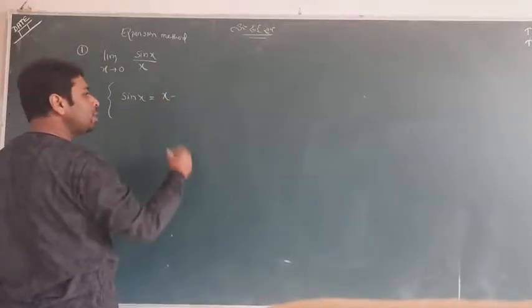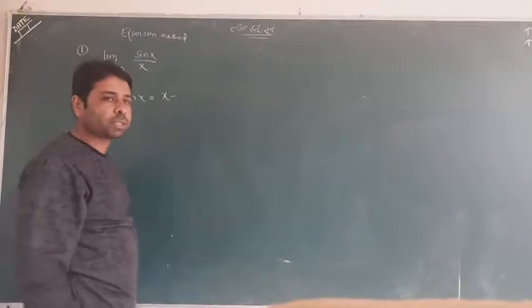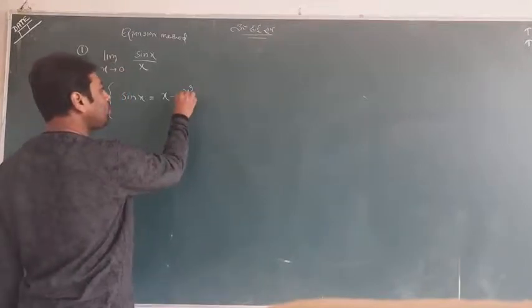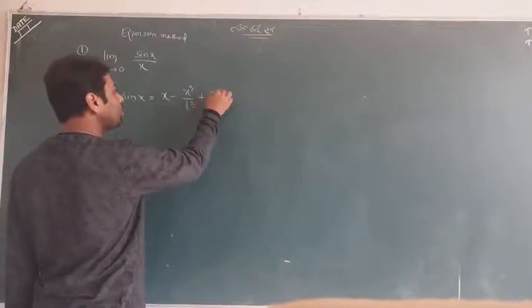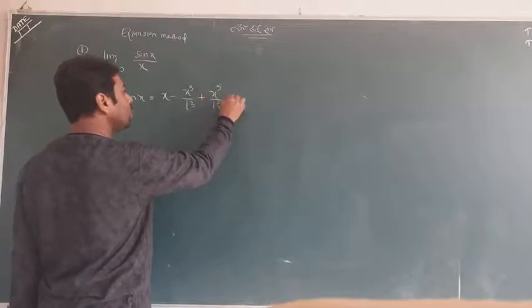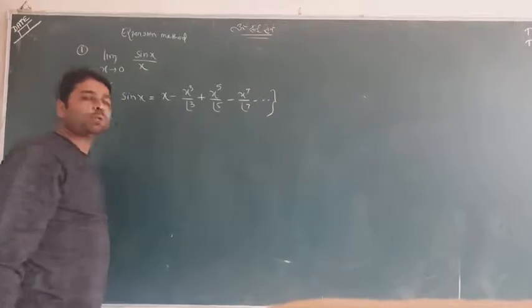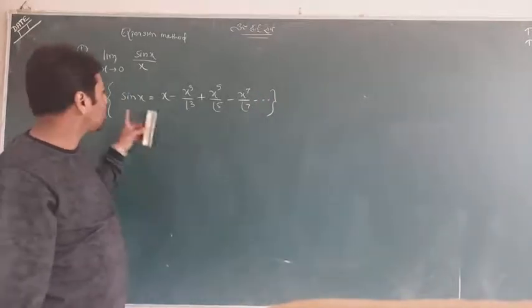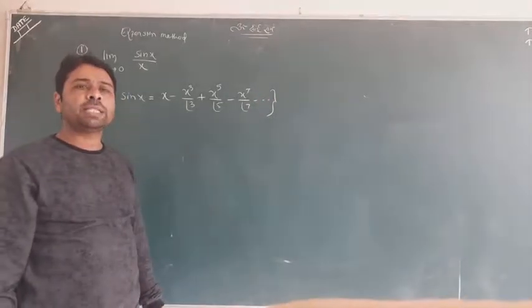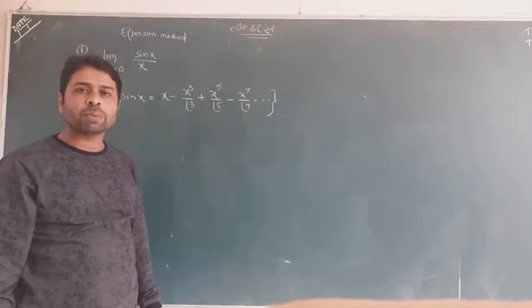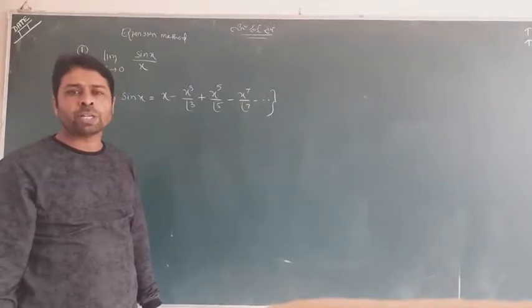I will expand the series of sin x: x minus x cube by factorial 3 plus x^5 by factorial 5, minus x^7 upon factorial 7, and so on. You just have to remember this series. Or in other words, this will not come in the exam. This is just to understand the derivation.